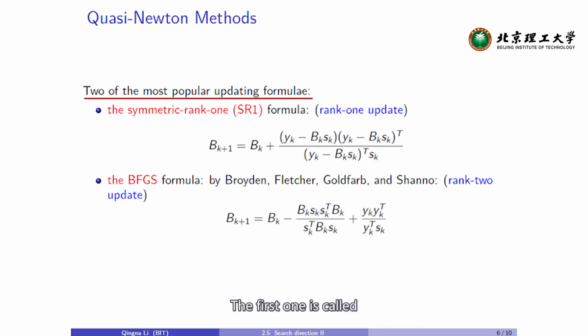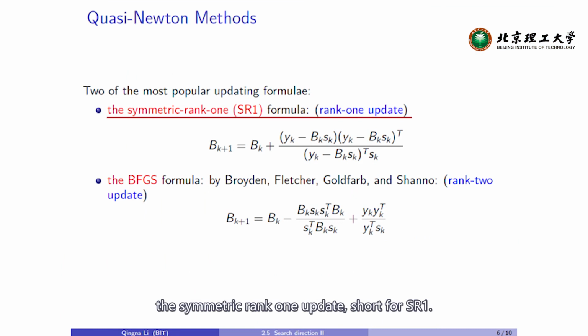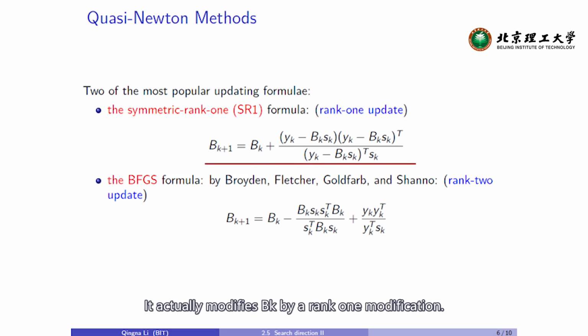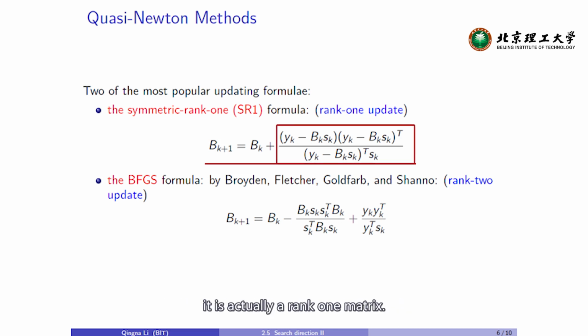The first one is called the symmetric rank 1 update, short for SR1. It modifies B_k by a rank 1 modification, and then we reach B_{k+1}. If we take a look at the second term here, it is actually a rank 1 matrix. Why?